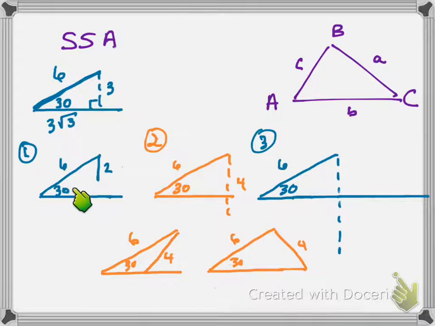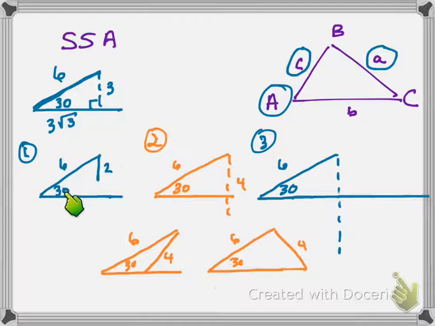And there's actually three cases to this, so that's why I have 1, 2, and 3 here. But just to make sure you understand what side-side-angle is, that would mean that you're given two sides and an angle that's not included. So it could be this angle or it could be this angle, but you have two sides and an angle not included between them.